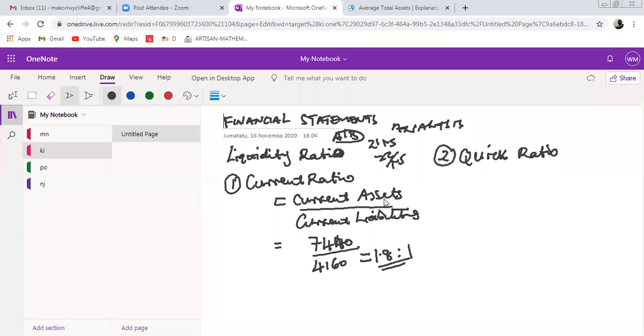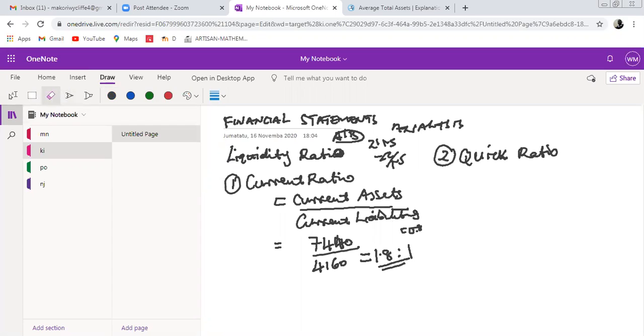But when you calculate this, it simply means if all the assets are used to pay all these current liabilities, what we are going to remain in the business is 0.8. Am I clear on that? It's a bit deep, but can we assume, so whatever you get, you just say is to 1?